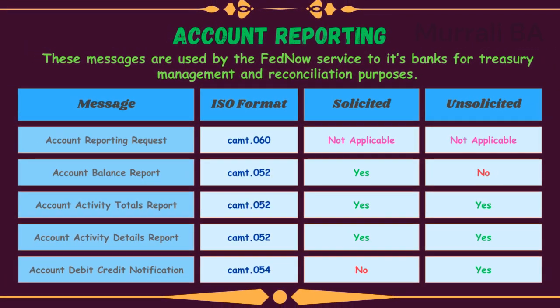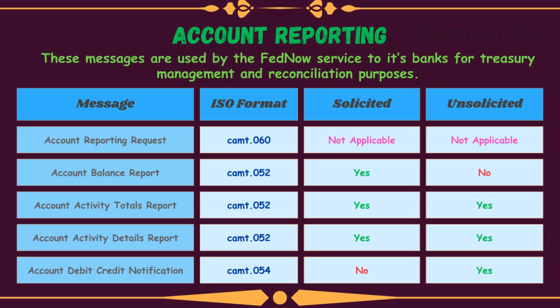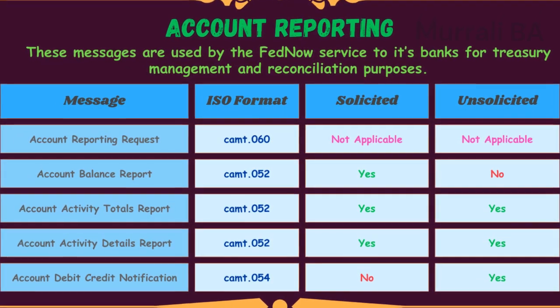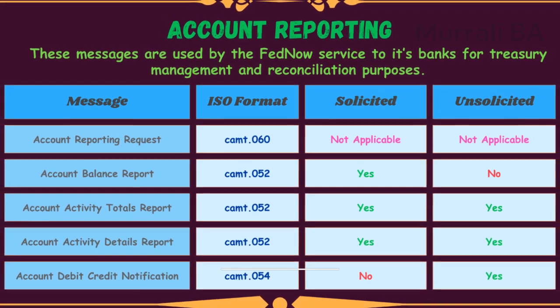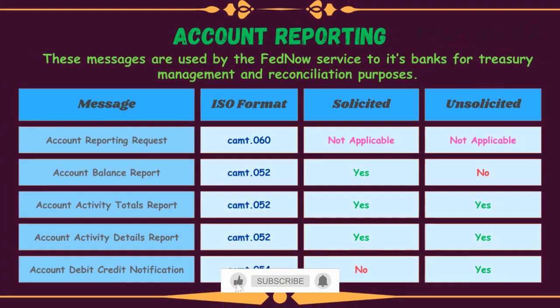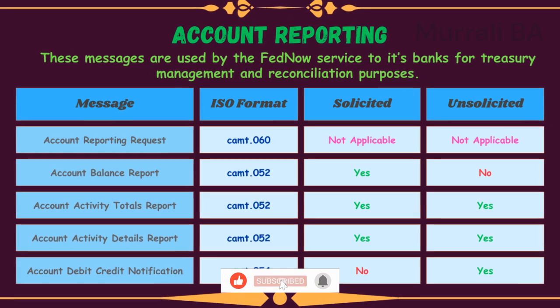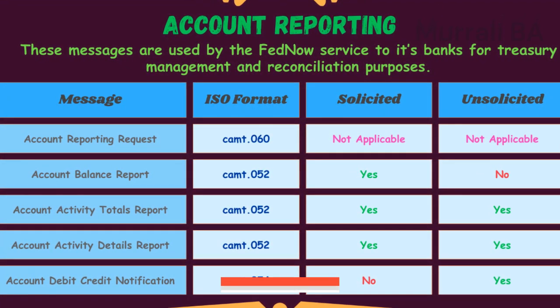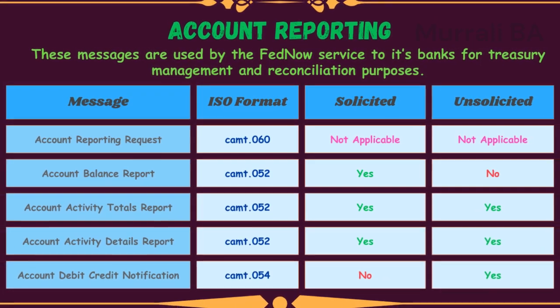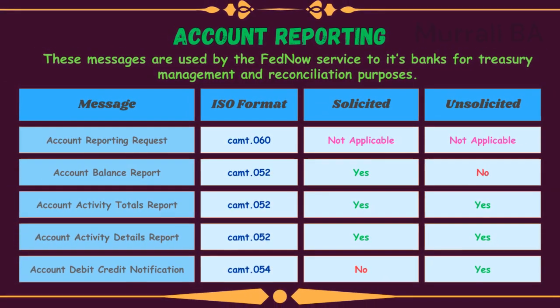So these messages are sent by the FedNow service in both formats. Either it can be solicited by the participants or it is unsolicited. The first one is CAMT 060, which is the account reporting request. It cannot be solicited or unsolicited. The account balance report CAMT 052 will be sent on a solicited basis.